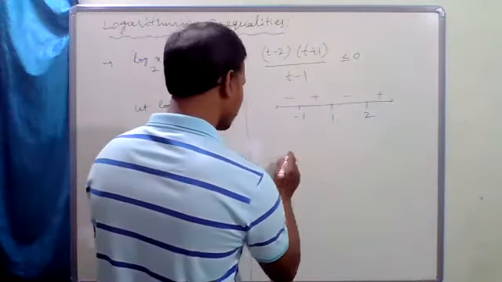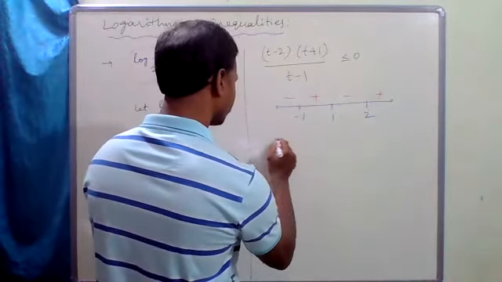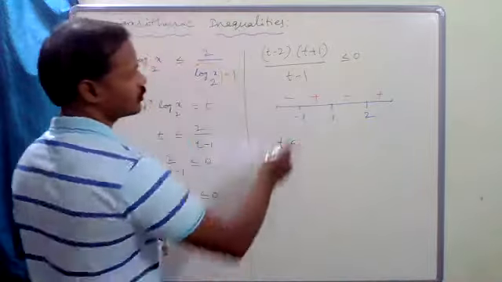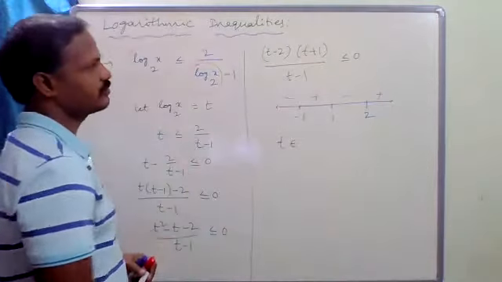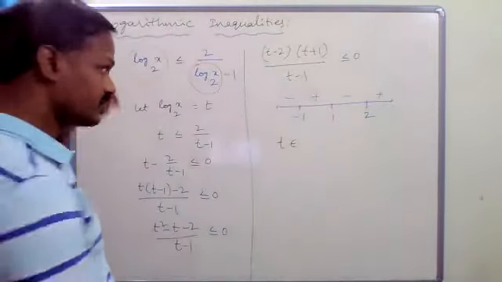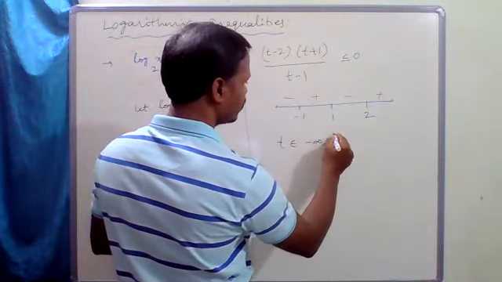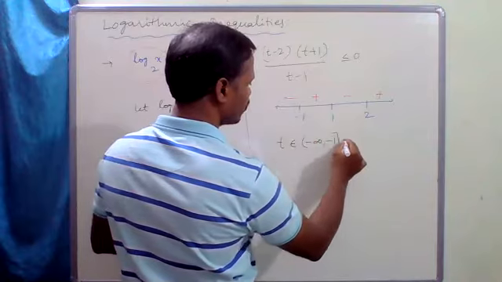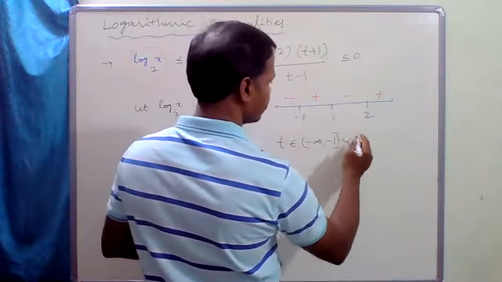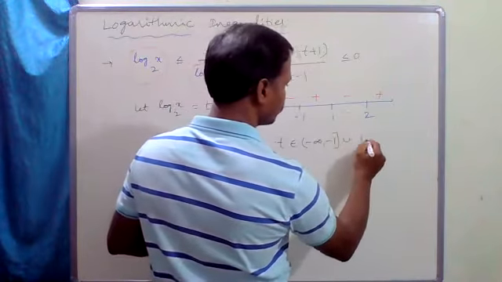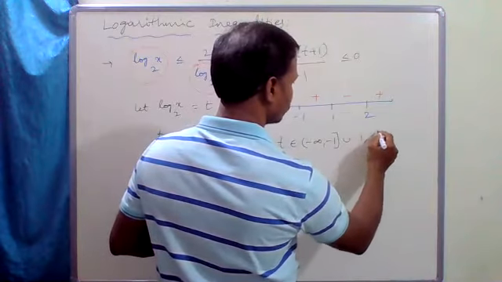So, t belongs to, negative means, minus infinity to minus 1 union 1 to 2.